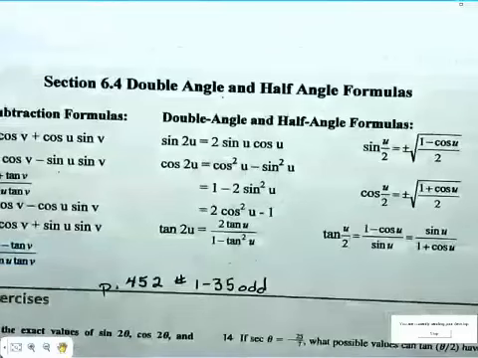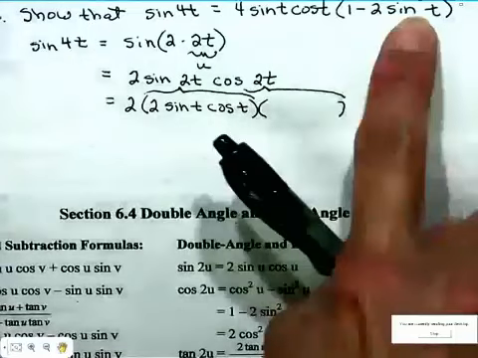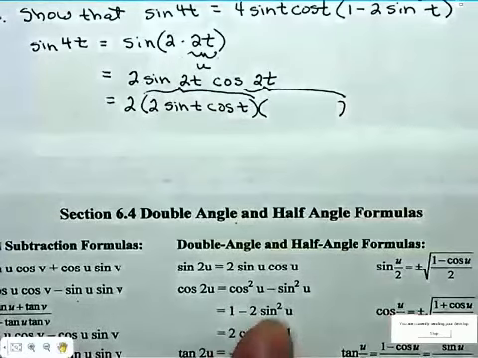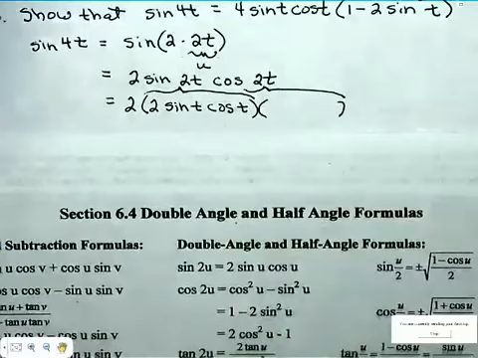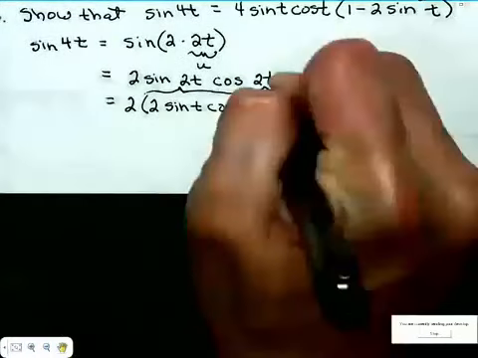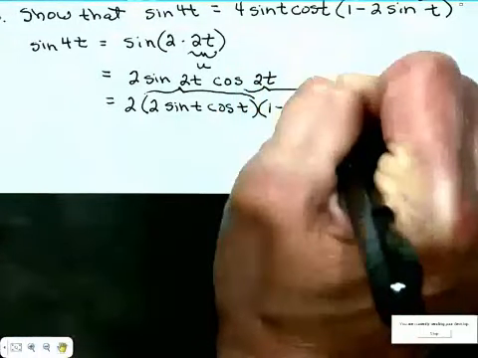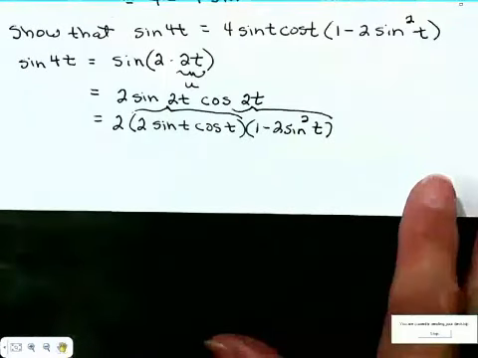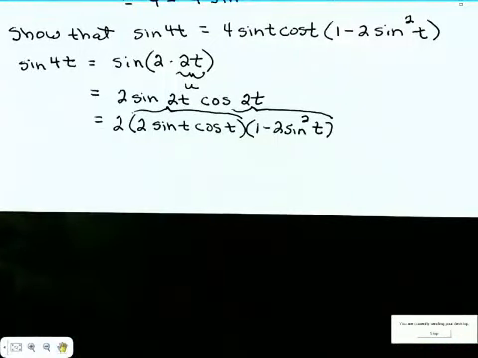I think looking at where we're headed here, it's pretty obvious which one we need to use. I want that as a factor, and that is one of my formulas for cosine. So I can just put that in the place of cosine 2t. And then all I have to do is multiply the 2 2's, and I have it.